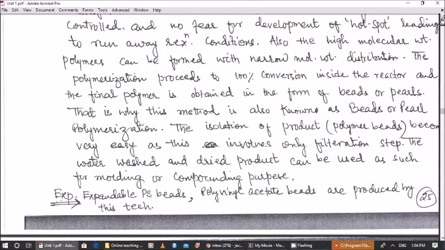The isolation of the product polymer beads becomes very easy as this involves only a filtration step. The water washed and dried product can be used as such for molding or compounding purposes. Expandable polystyrene beads and vinyl acetate beads are produced by this technique.